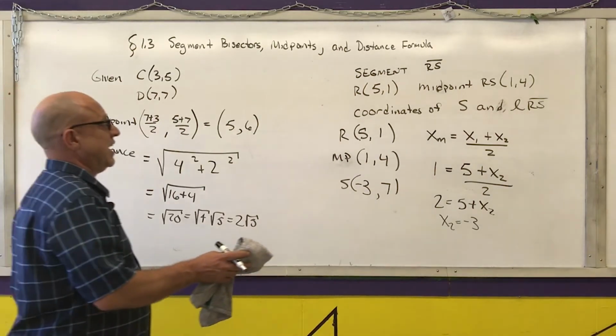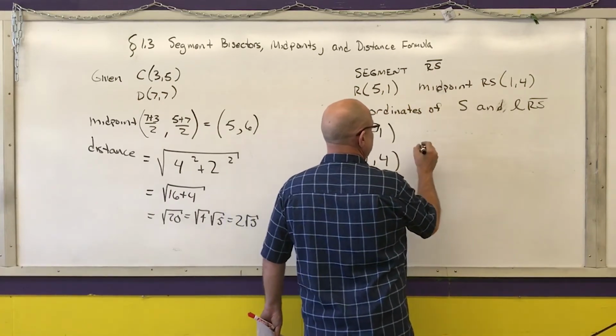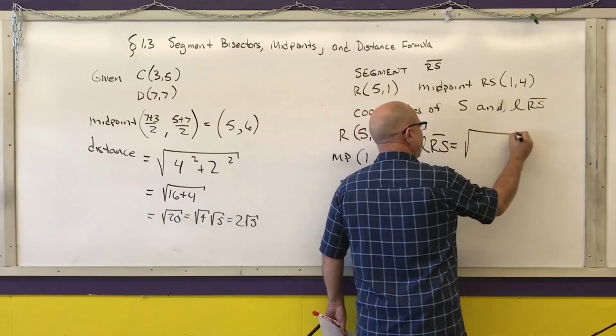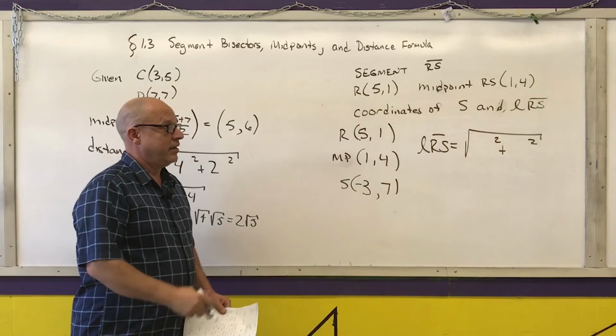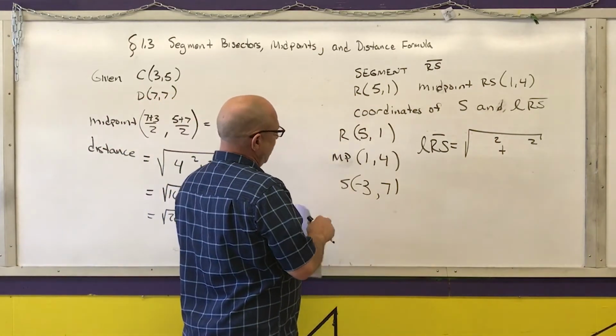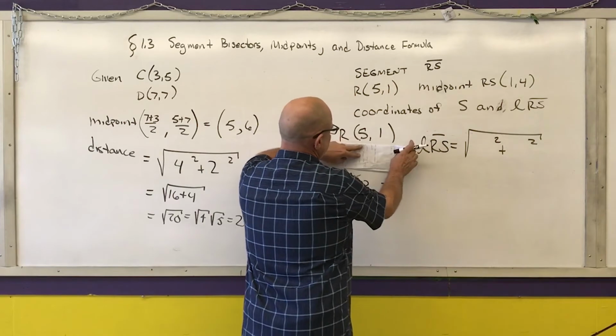What I need to do now is find the length of segment RS. Well, the length of RS is equal to the square root of the sum of the squares. Again, I write down the framework before I put any numbers in. Now I kind of want to hide the midpoint, so I can think about this. How far are these two numbers apart?